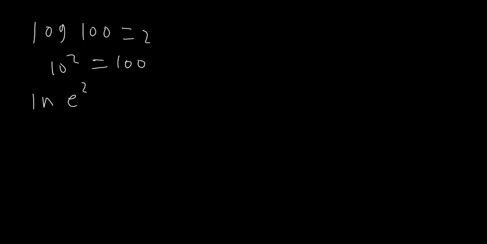So it's just asking what number can e be raised to, so that when you raise it, it'll equal e squared. Well, that's just simple, because it's just 2, right? e to the 2 is equal to e squared.